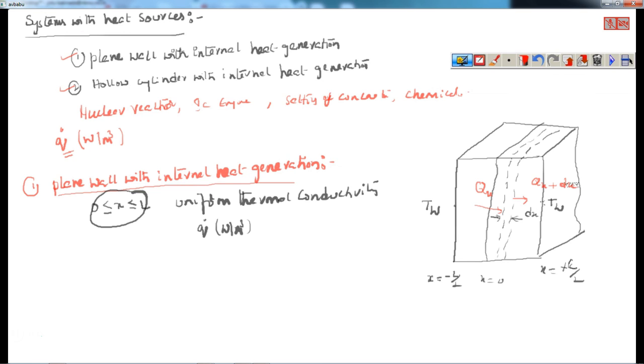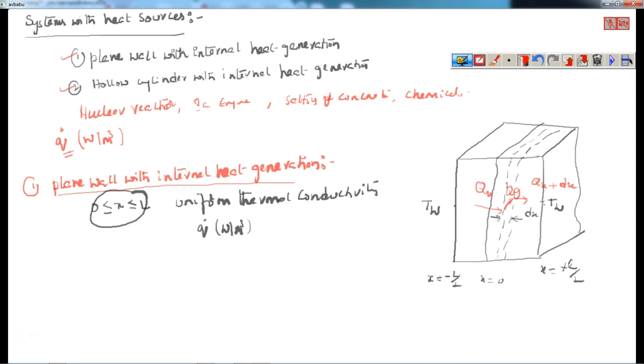Similarly, the heat generated at this elemental area is denoted as Qg.